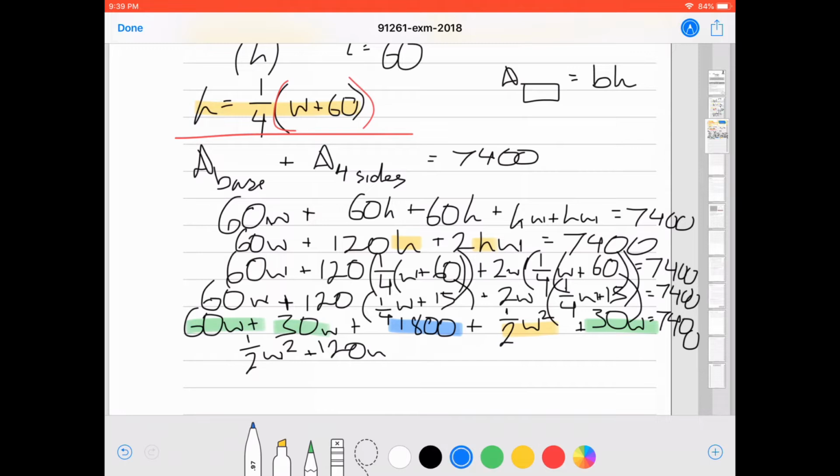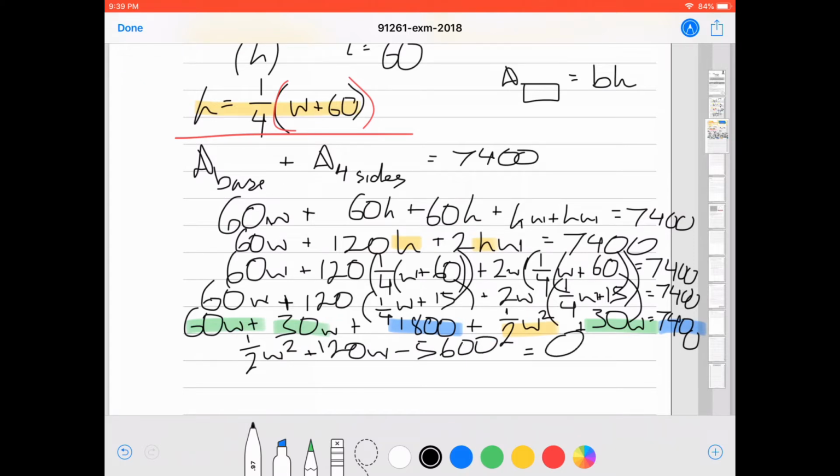Let's bring the 7,400 to the right hand side. We can see a quadratic here, and we want to bring everything to one side. We're going to say 1,800 minus 7,400, and that equals minus 5,600. Okay, and that equals 0.